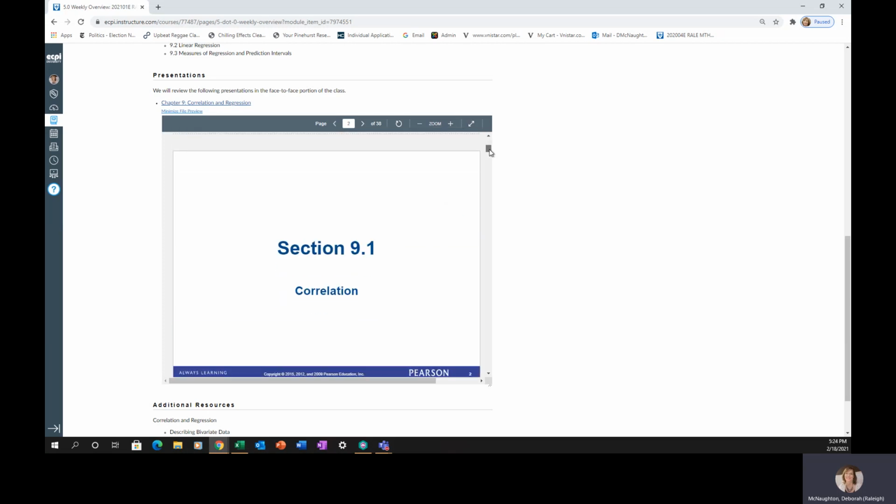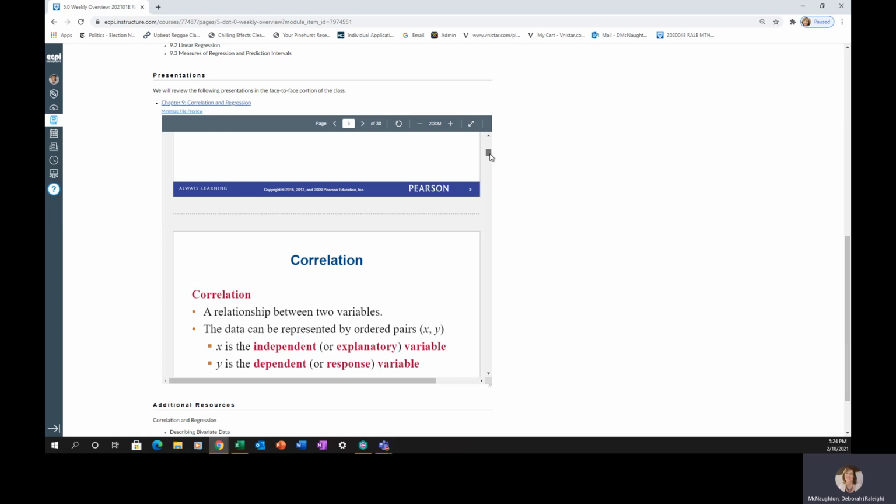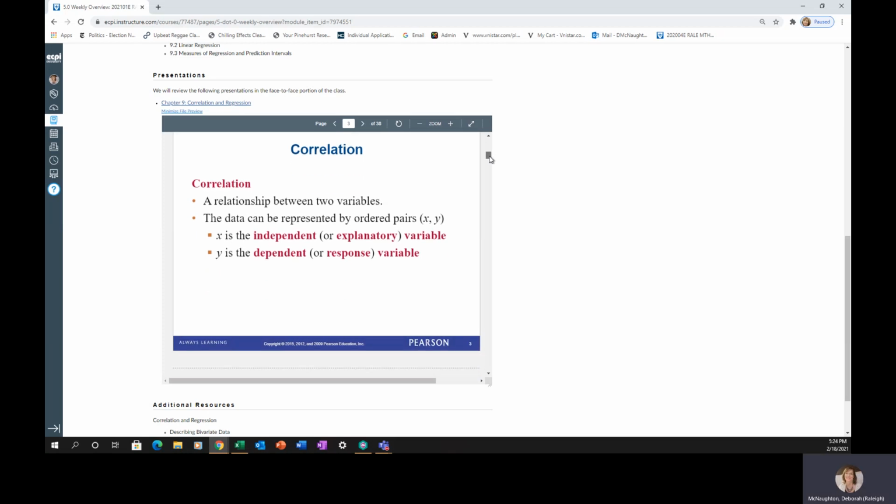So as I mentioned, section 9.1 covers correlation. And what is correlation? It's a relationship between two variables. So first of all, the data needs to be represented by ordered pairs X and Y, and we can graph these. X is the independent or explanatory variable, and Y is the dependent or response variable.